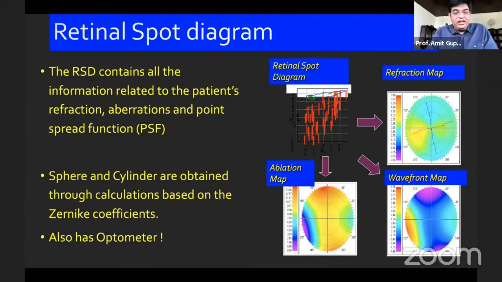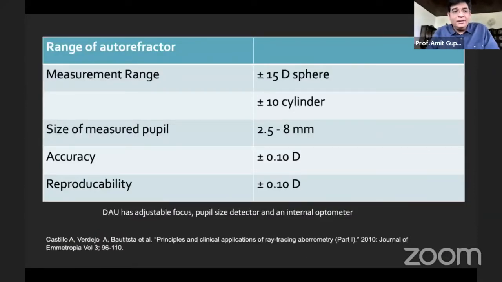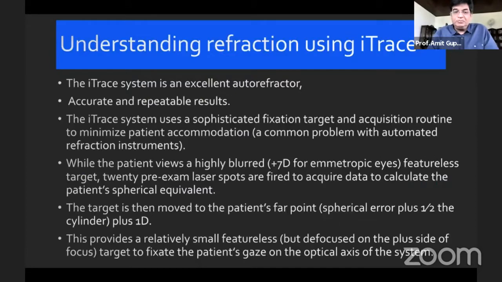The cylinder and sphere obtained through calculations are based on the Zernike coefficients, and it also has an optometer. It has a measurement range of plus minus 15 diopters with plus minus 10 diopters of cylinder, and it can measure through a large variation in pupillary diameter, from 2.5 to 8 millimeters. It has a very good accuracy of plus minus 0.1 diopters.